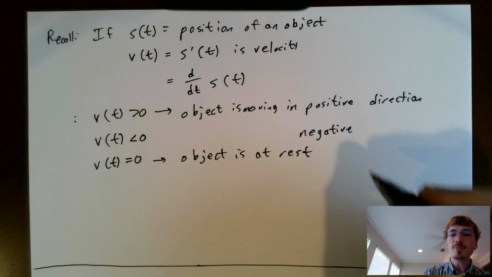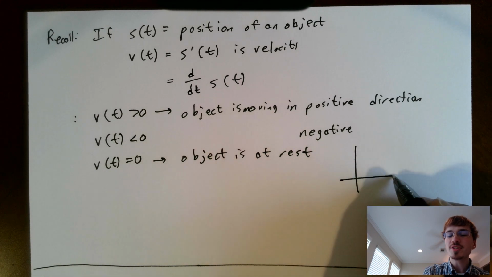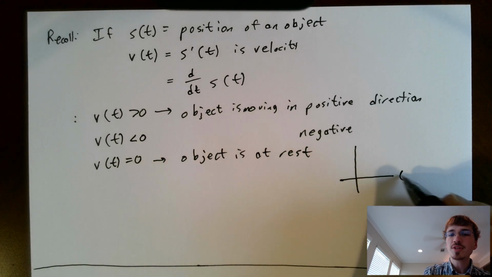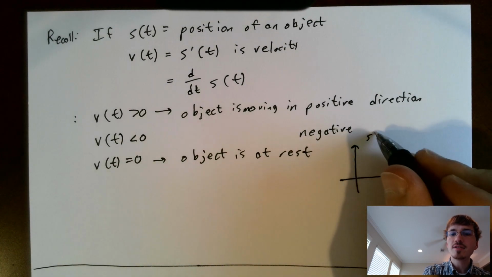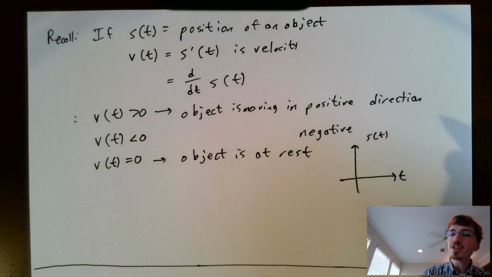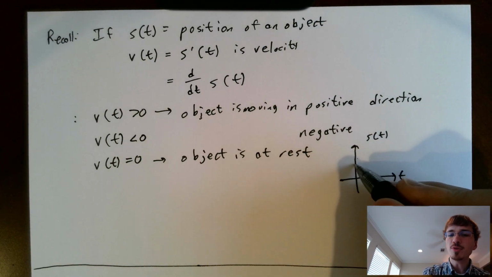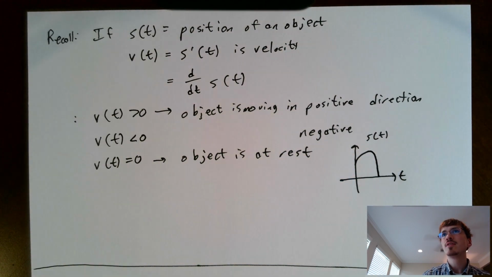And a quick diagram helps see that, right? Suppose that we graphed projectile motion. So here's t on the x-axis, here is s of t on the y-axis, and suppose that you throw a rock straight upwards, moving only in the y direction.